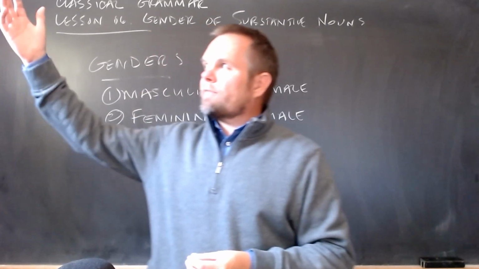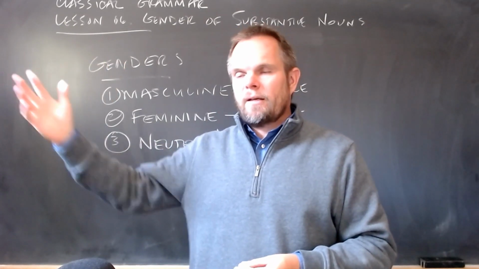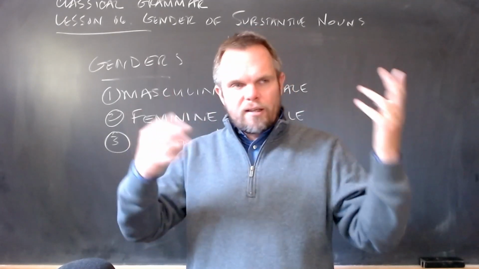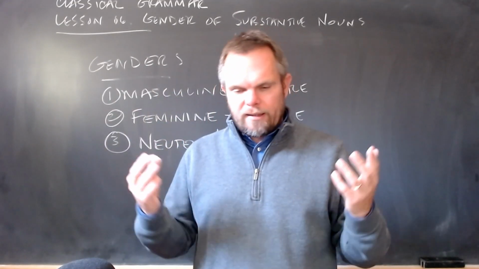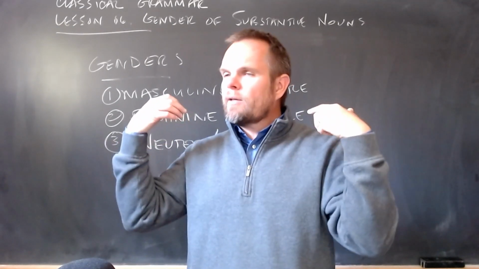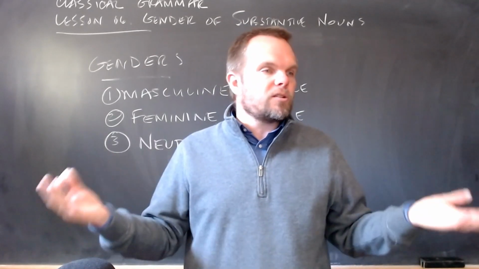But then we may think of an eagle or a hawk, some kind of predator. We may think of those birds as masculine birds. And it's just a way of thinking. It's not their real natural gender. It's just a way that we think about different animals when we think about them in a general way.